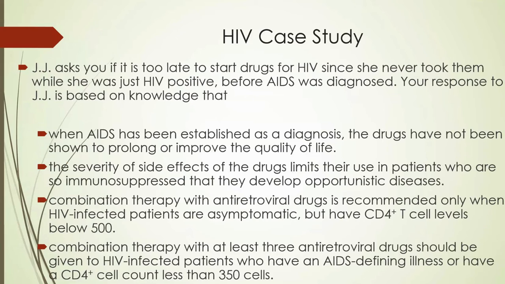C, the combination therapy with these drugs is recommended only when HIV patients are asymptomatic but have T cell levels below 500. Or D, the combination therapy with at least 3 drugs should be given to HIV patients who have an AIDS-defining illness, such as an opportunistic infection, or have a CD4 count less than 350. Anything, A, B, C, or D?